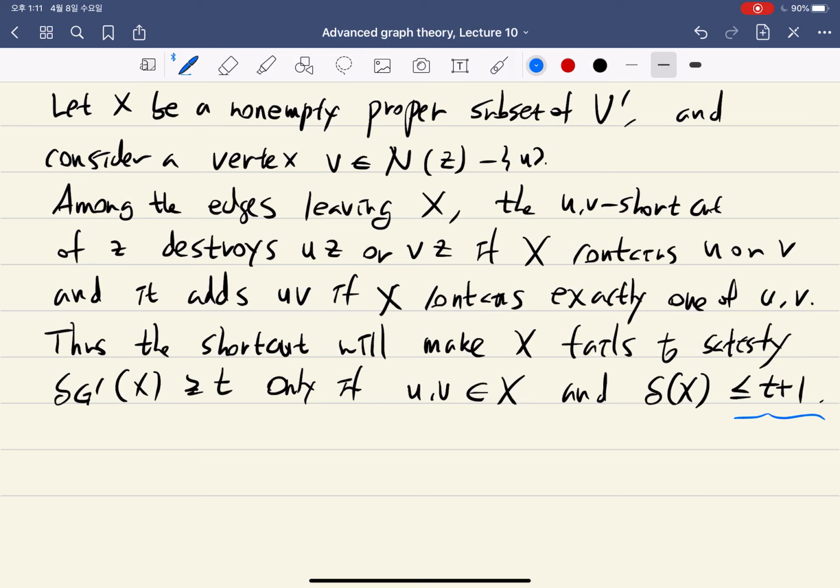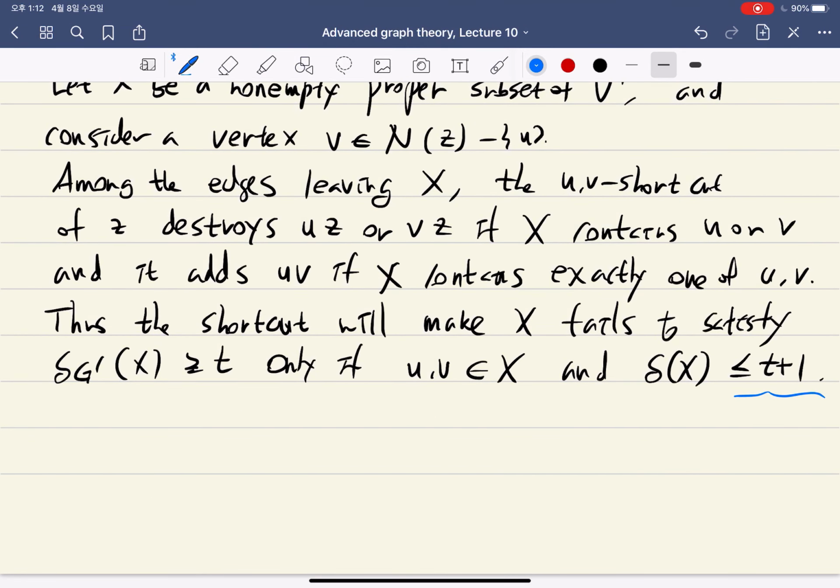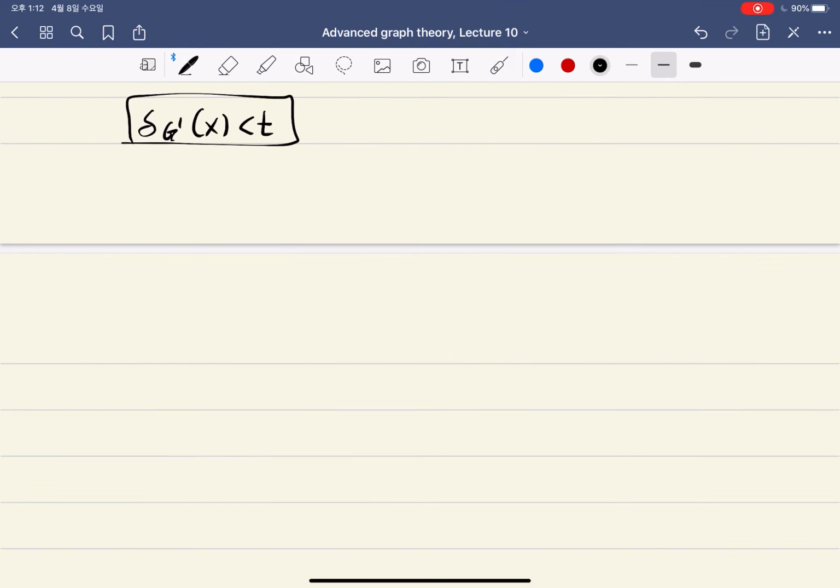If this was more than T plus 2 at the beginning, then even if you lose 2, it is still at least T, so it is okay. So even at the beginning, it's either T or T plus 1. And then it loses 2 because U and V are both in X. That's the only possible case which can yield the number of edges leaving X being strictly smaller than T.